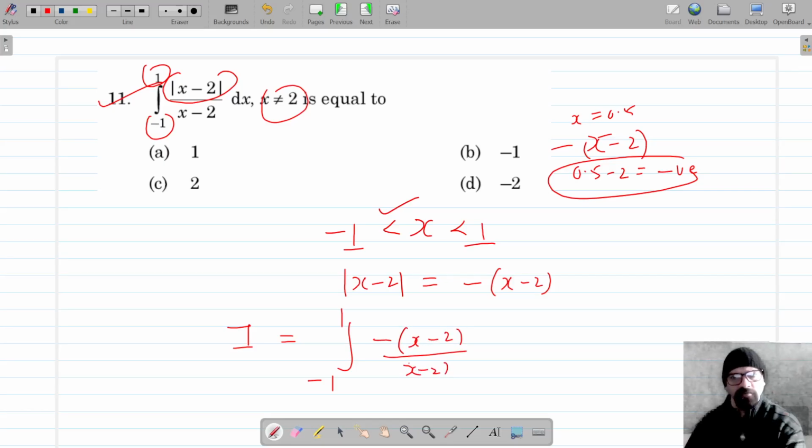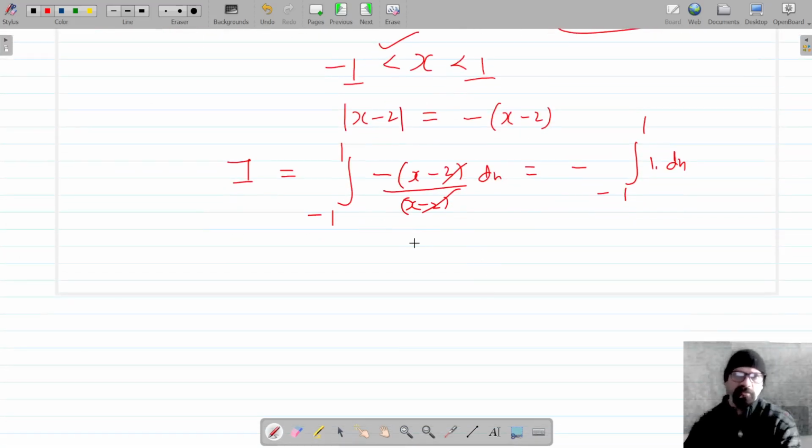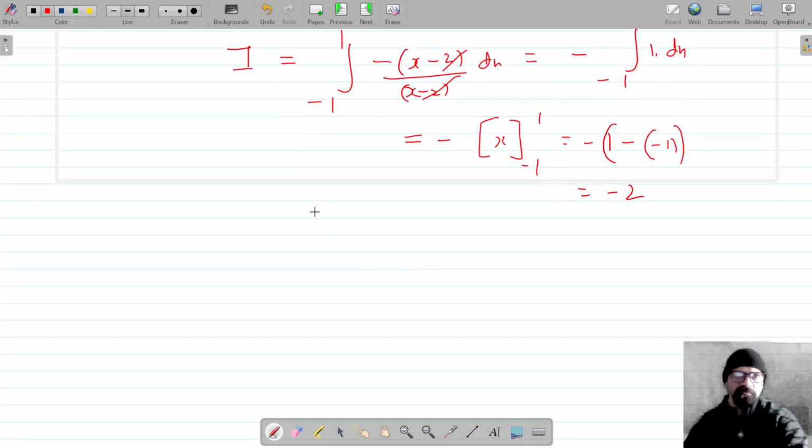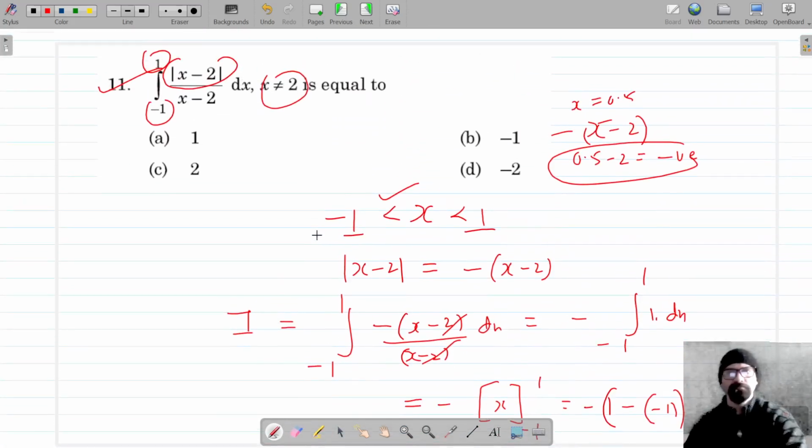So I can write the integral from negative 1 to 1 of negative of x minus 2 upon x minus 2 into dx, where the negative is taken out. So it's 1 into dx, and the integral of 1 is x, so this is negative x for the limits negative 1 to 1. So negative of 1 minus negative 1 will give me negative 2, and negative 2 means D is the correct answer for this one.